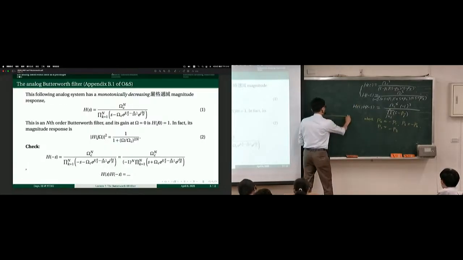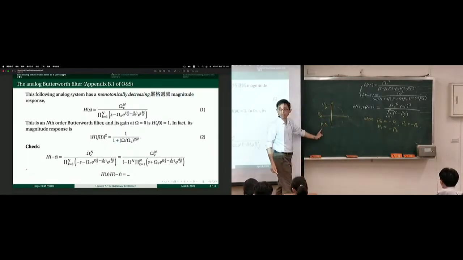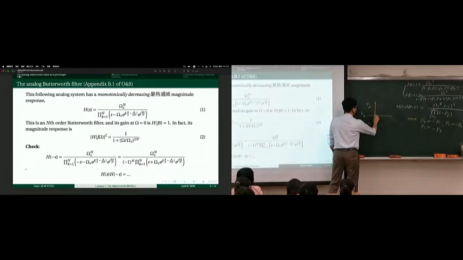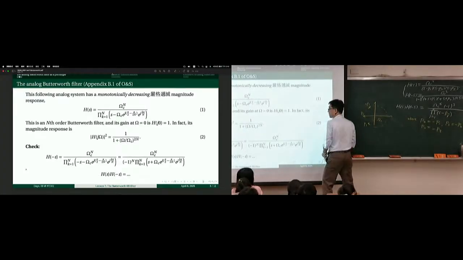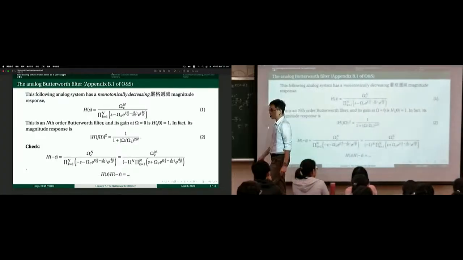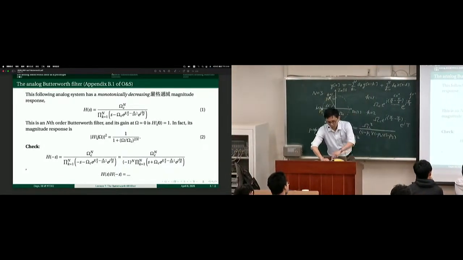So if we draw a picture now, what do we have? Now we have the original 3 poles on the left. That's p1, p2, and p3. And the radius is omega_c. But now, p4 is minus p1, so p4 is on the other side of the circle.